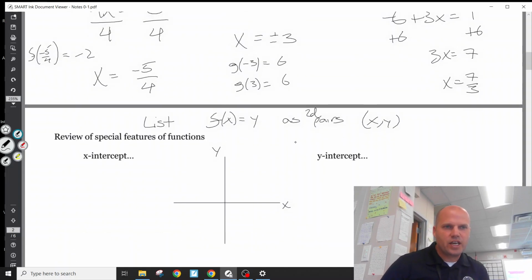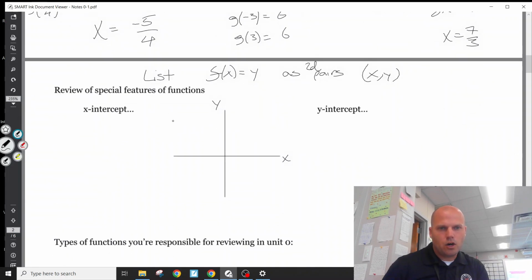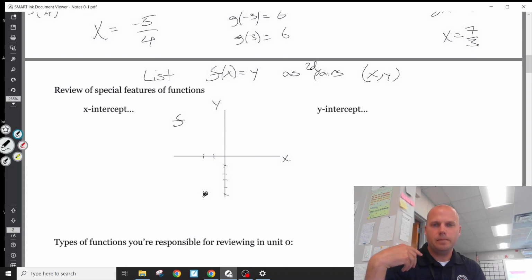where we can see, if you are looking at f, f has the connection of an input of -2 and output -5. This would be a visualization of f having this point.